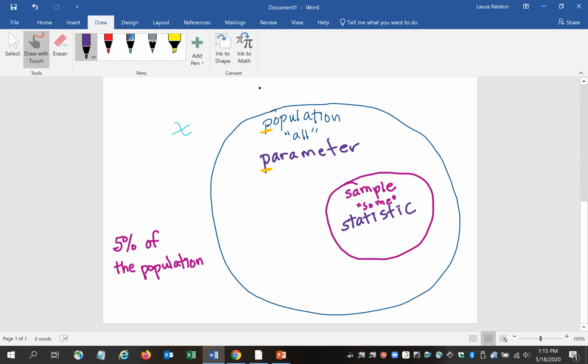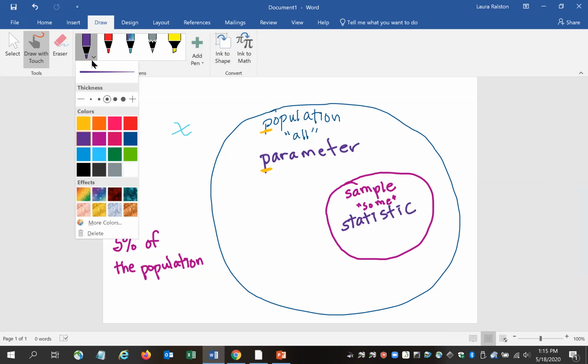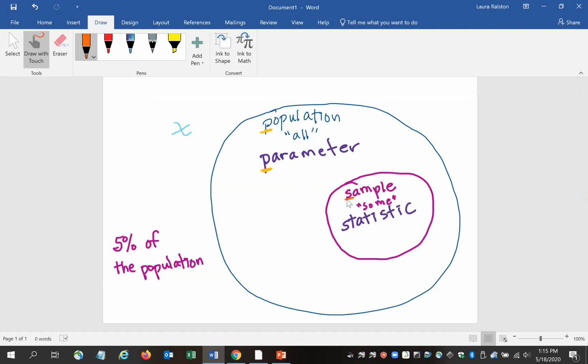And again, notice, guys, that the words sample and statistic both start with S. So that's a way to remember it because it's connected together. Sample, statistic.